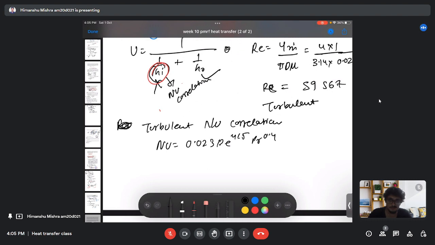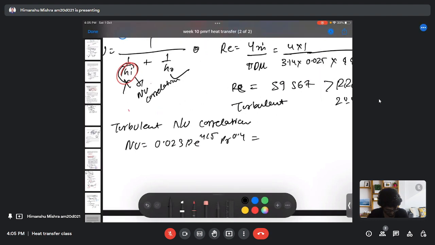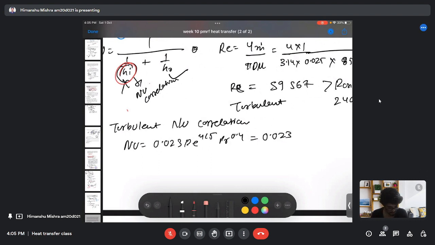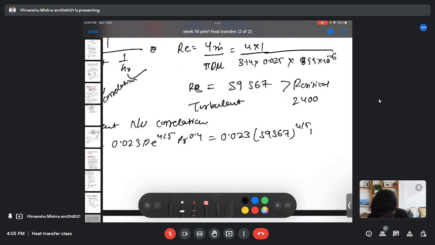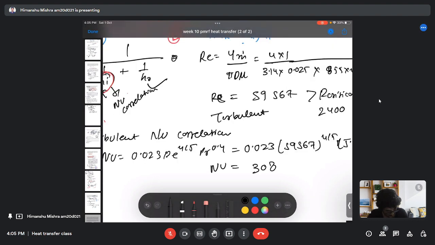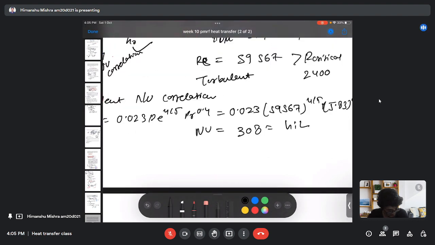We actually solved plenty of such problems in past weeks when we were discussing questions related to forced convection. So we just need to put in the values. My Reynolds number we already found, and the Prandtl number can be taken from the properties. So my Nusselt number is 308, and I can get my internal heat transfer coefficient by the simple relation of the Nusselt number.